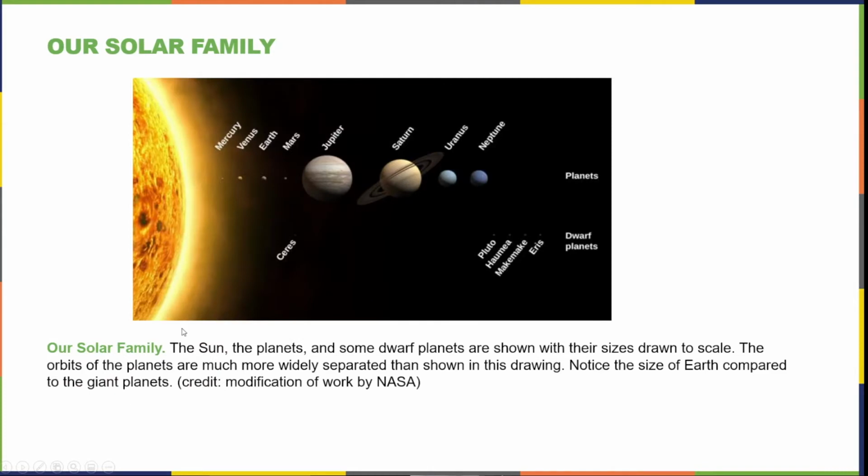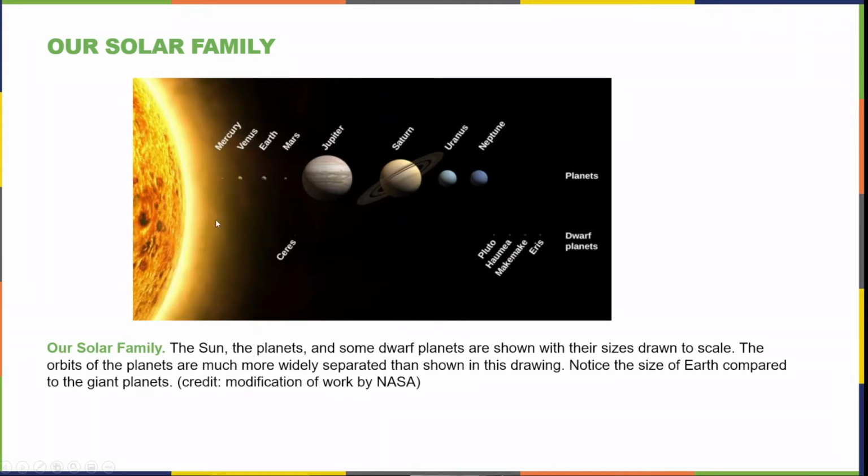And this is the solar system to scale: Jupiter here, Earth, and the Sun itself. And as you can see, the Sun is quite large compared to any other objects in the solar system.